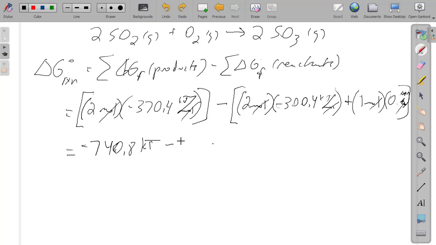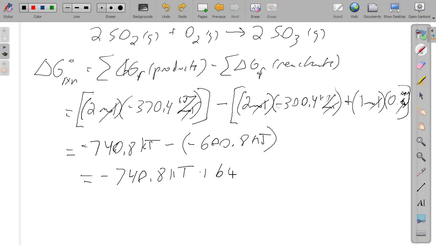So minus a minus 600.8 kilojoules from this. And then that minus minus becomes plus. So negative 740.8 kilojoules plus 600.8 kilojoules. And that gives us a raw answer now of negative 140.